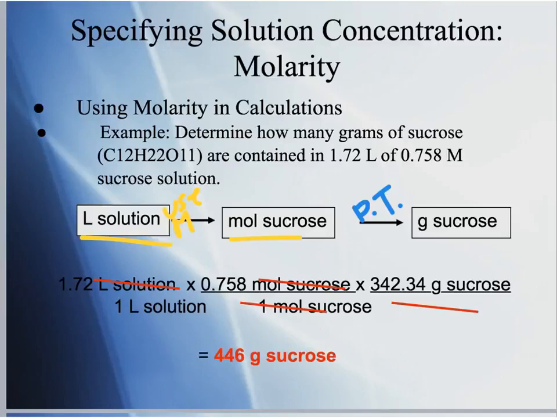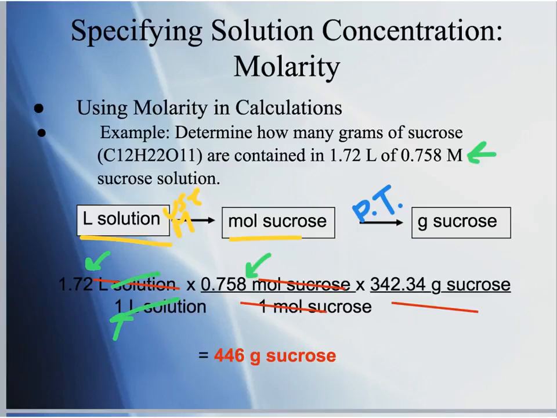If we take a look down here, we start out with our liters of solution, 1.72 liters. We know the molarity is 0.758 molarity, so that means there's 0.758 moles of sucrose in 1 liter of solution. Again, in this slide, it's a little off. In your notes, it should be perfect. So that's going to cancel our liters of solution units.